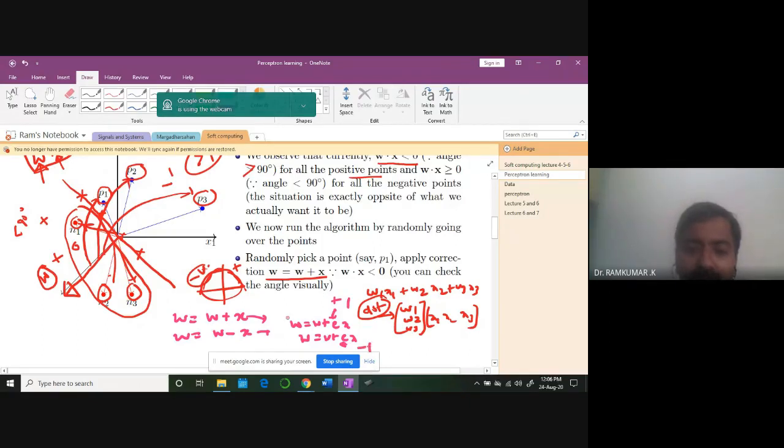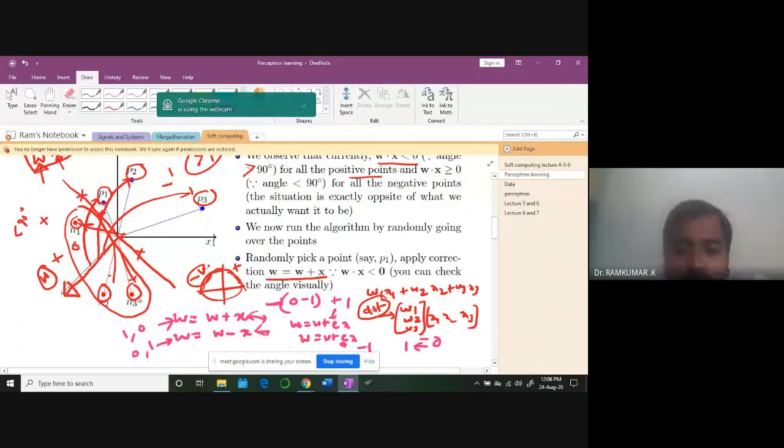So naturally, it will be like this. If you need to get 1, but you got 0, then you need to add something. The difference is 1, and therefore W plus EX is what you will be getting. You need to have 0, but you got 1 from the network, then you apply this weight update.